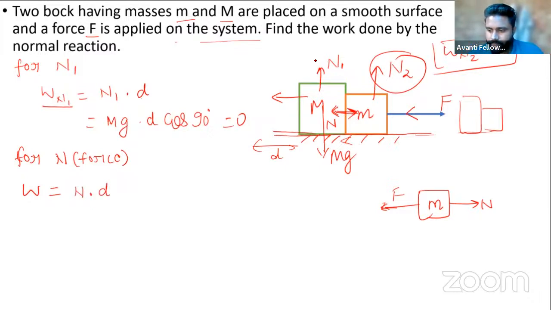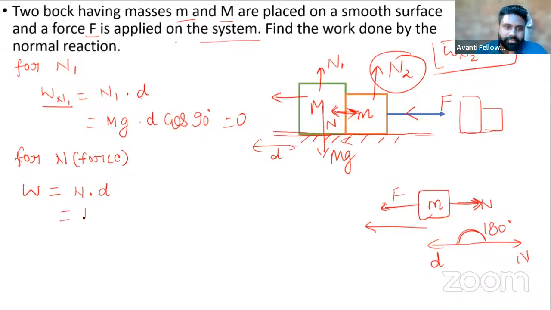Okay, got it? Now N is in this direction and displacement is in this direction. So they are equal and opposite. This is N, this is d. They are equal and opposite, having an angle of 180 degrees between them.